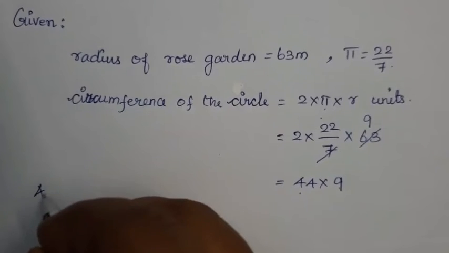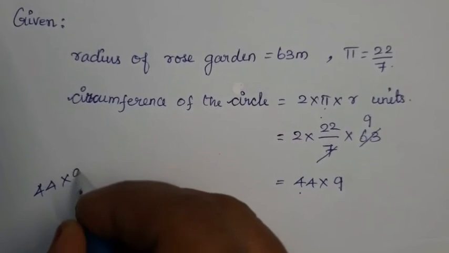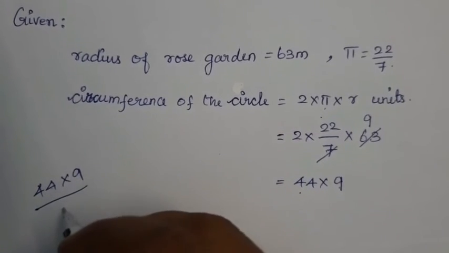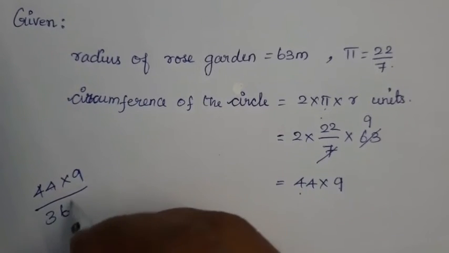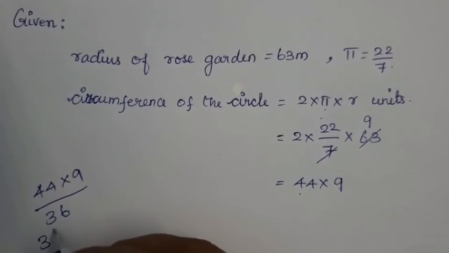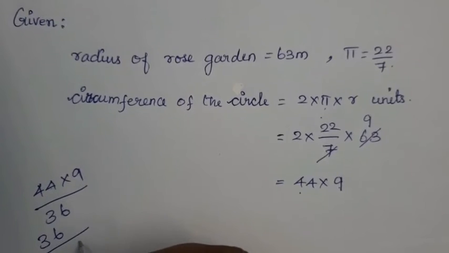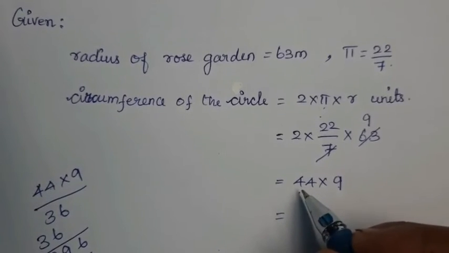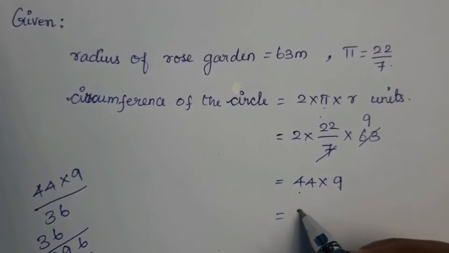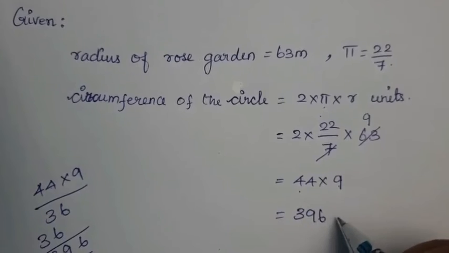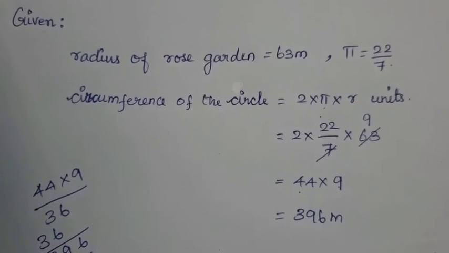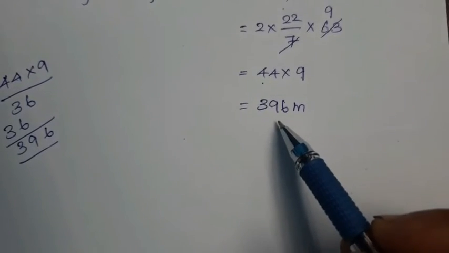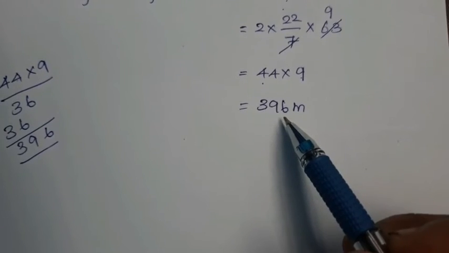By multiplying 44 by 9, we get 4 9s are 36. Again 4 9s are 36. In total 396. Therefore, by multiplying 44 by 9, we get 396 meter, which is the total length of the circumference of the circular garden.